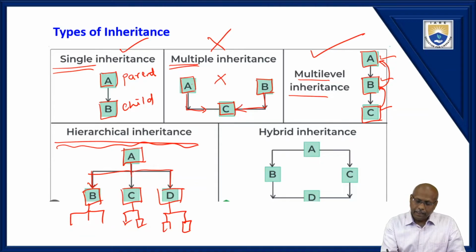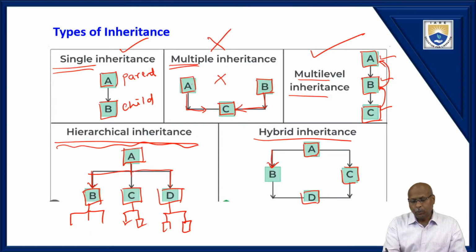Okay. Similarly, there is something called hybrid inheritance. A is one parent. From A, B and C are two children. From B and C, D came. So this is also one inheritance. If you observe here, the top level is from one parent to children. That is hierarchical inheritance. From B and C, D comes.